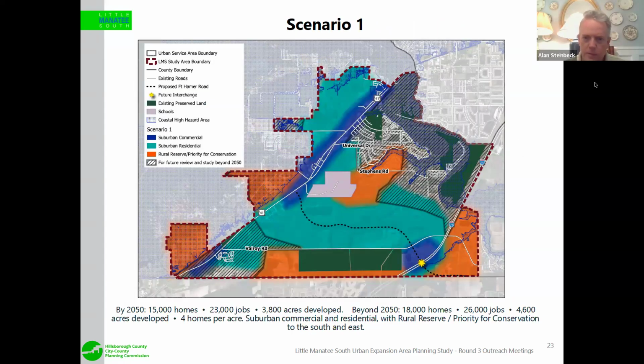We did develop three scenarios. I've been working on scenario planning for a long time throughout my career, and it's important that we read them as conceptual. We've been asked to understand and highlight some of the implications of having this area be developed and having urban services brought to it. With urban services and infrastructure comes demand for development, but also there's demand for development in this part of the region, both housing and jobs.